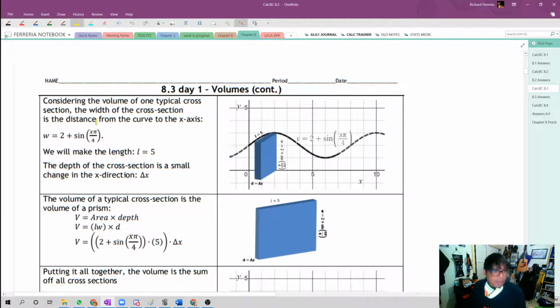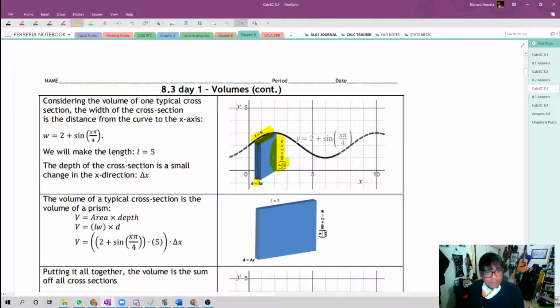Before we do that, let's see what we have here. Considering the volume of one typical cross-section, the width of the cross-section is the distance from the curve to the x-axis. So we're calling this distance from here to here the width, although in terms of Han Solo, I think that's actually the height. And this distance from here to here, we're saying is equal to 5, and we're calling that the length.